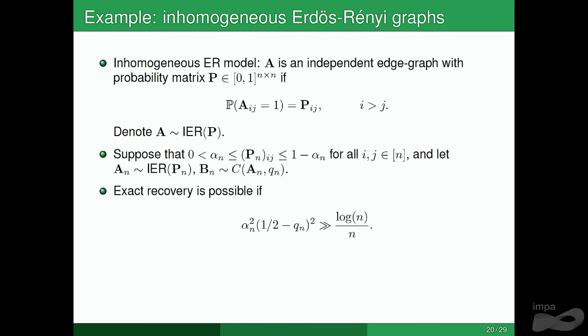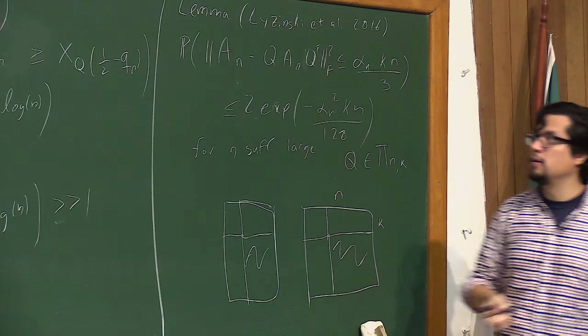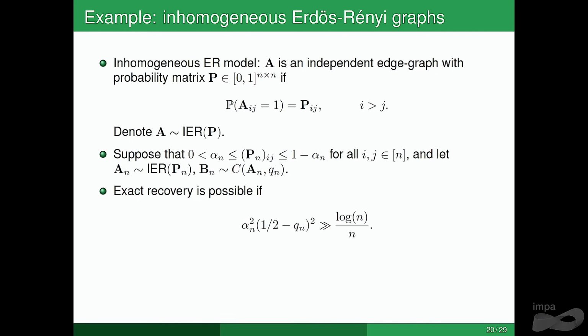In principle, by analyzing this probability more carefully for the Erdős Rényi model, we should be able to get a similar result to the previous one. And there are other results for different random graph models. For example, we can obtain a similar result for random regular graphs and other things, but I'm not going to talk about those today.